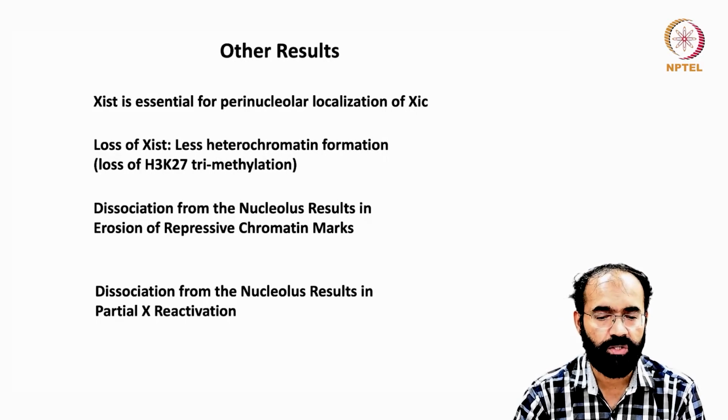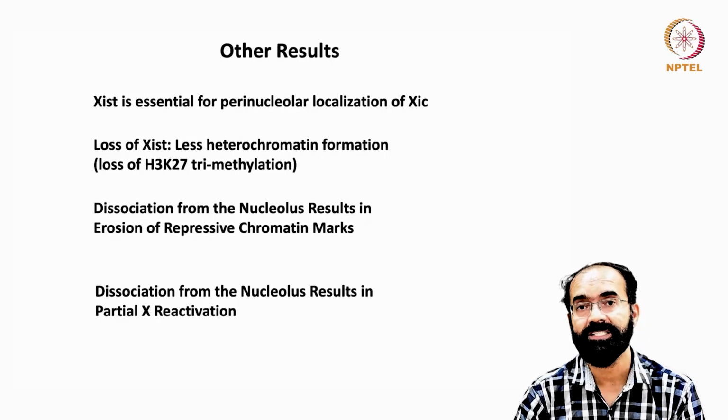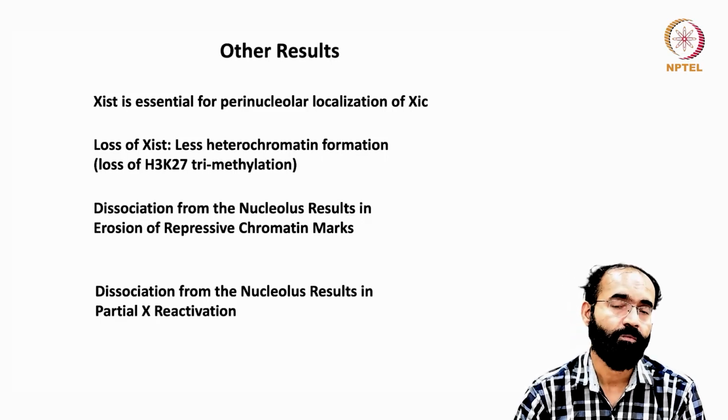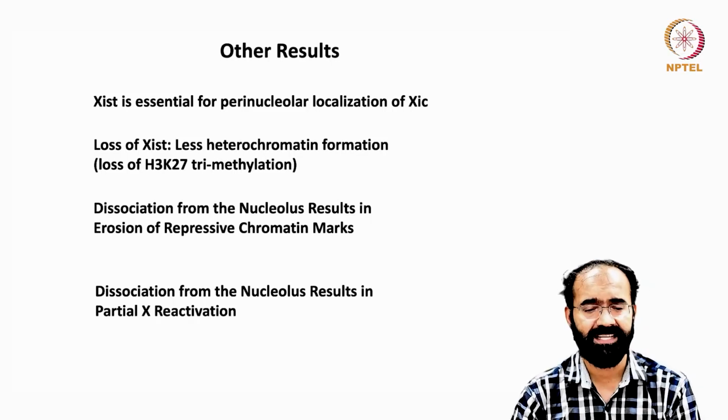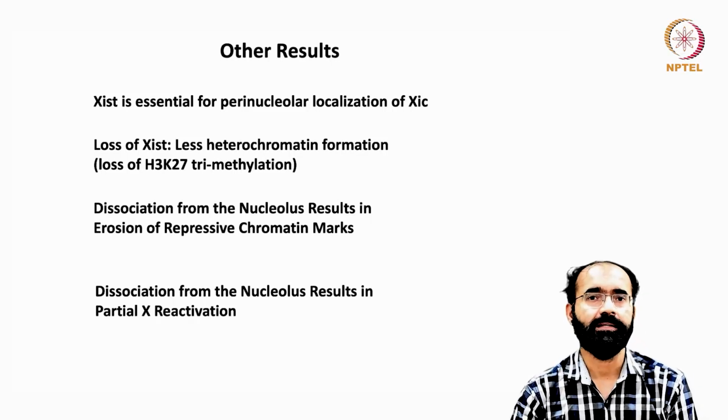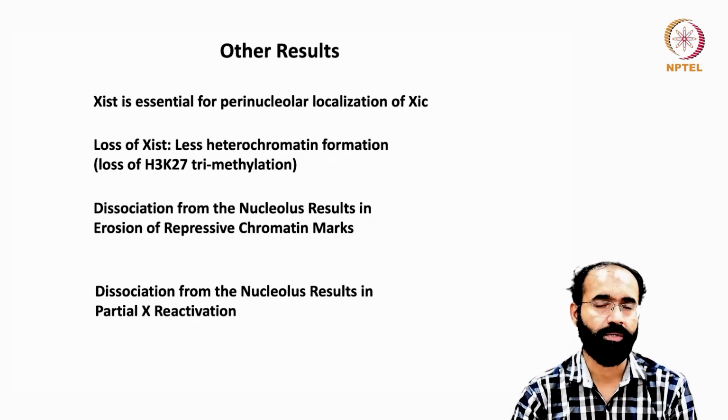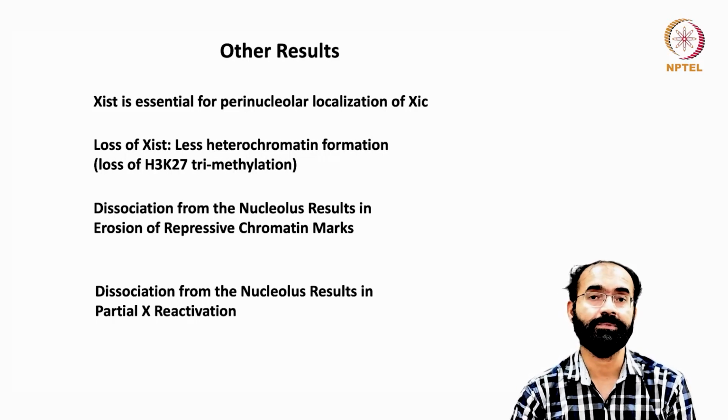Dissociation from the nucleolus results in the erosion of repressive chromatin marks. What researchers have shown is that if the inactive X chromosome is not allowed to interact with the nucleolus, then maintaining inactivity becomes a little difficult.